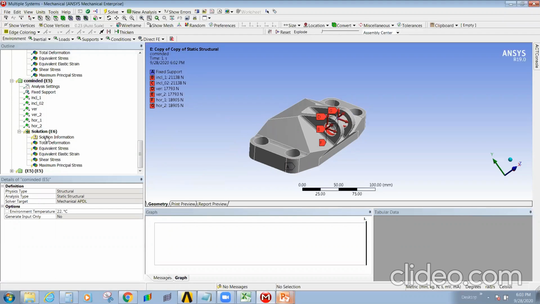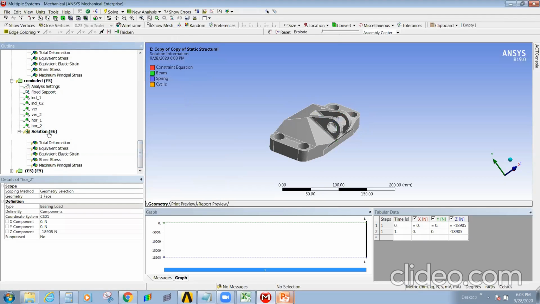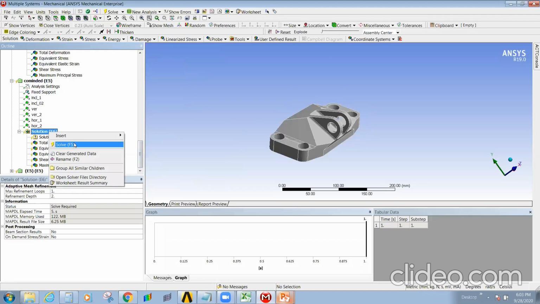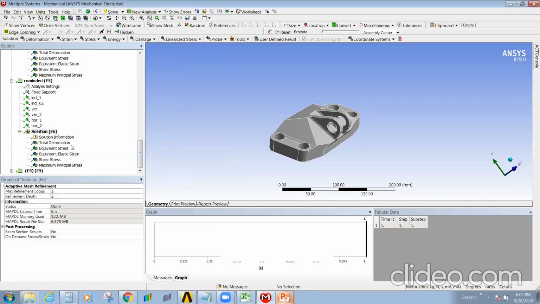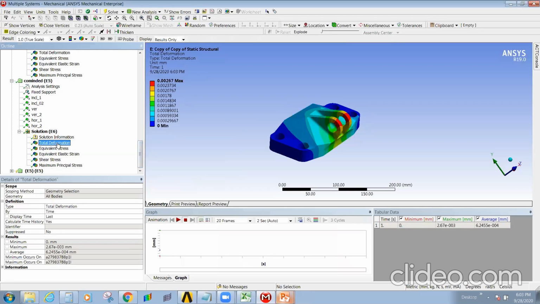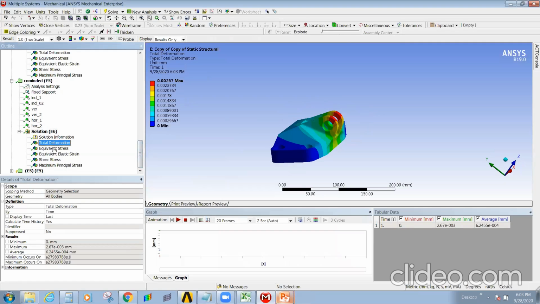From this you request for solution, solve F5. Now you got a solution. So this is the deformation of all the combined loads.